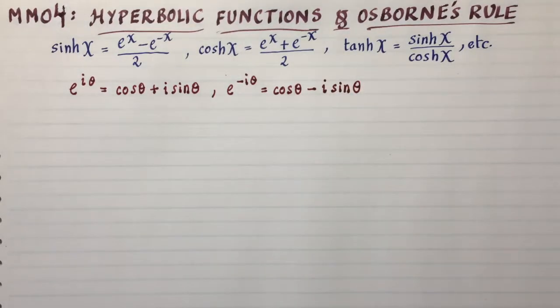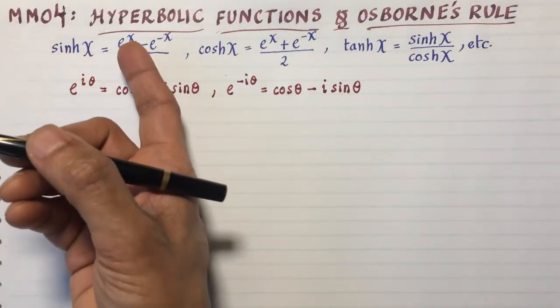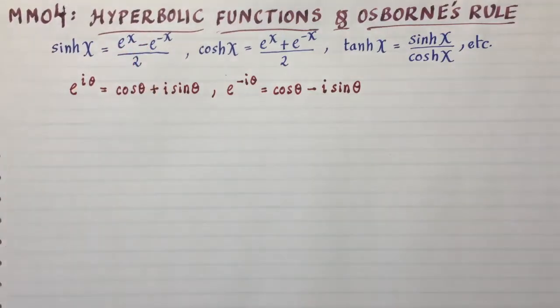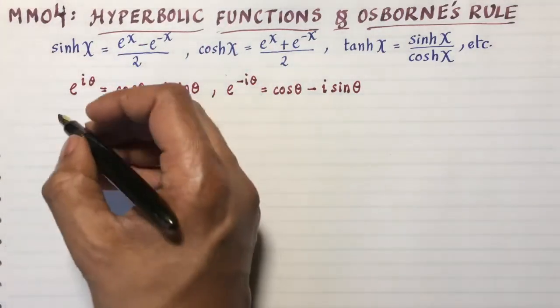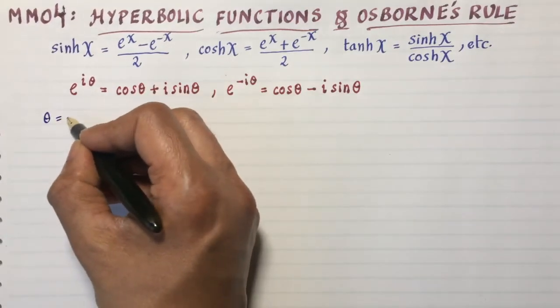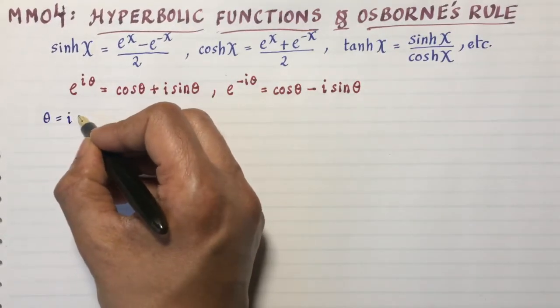So what I can do is set chi equals i theta in these hyperbolic formulas and see what happens.